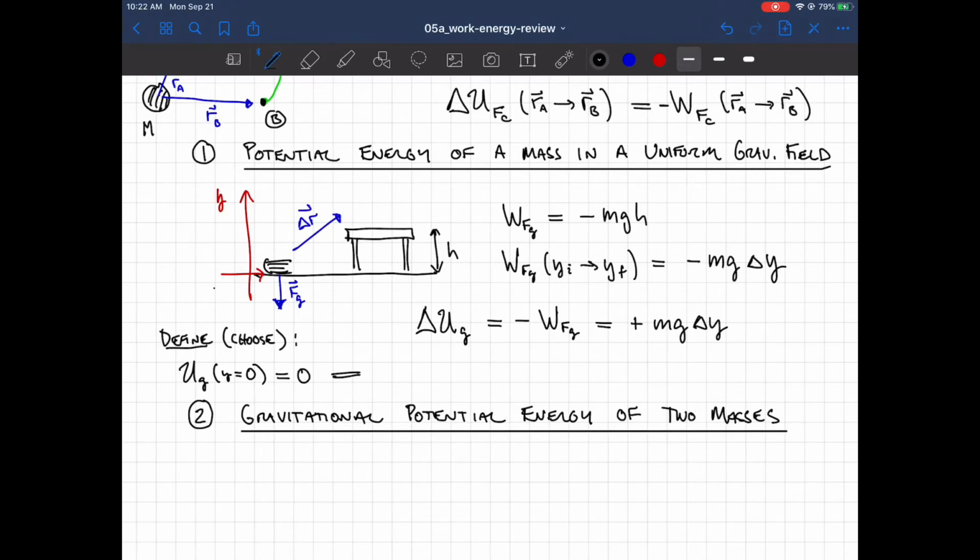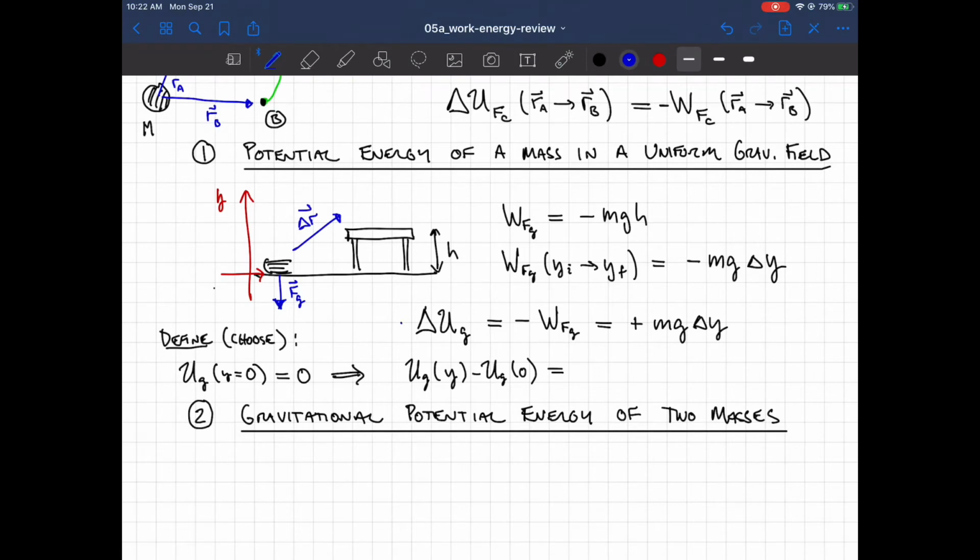And once we do that, then what do we get? Well, this equation tells us Ug of y final minus Ug of y equal to 0, and let's just call this of some value y.